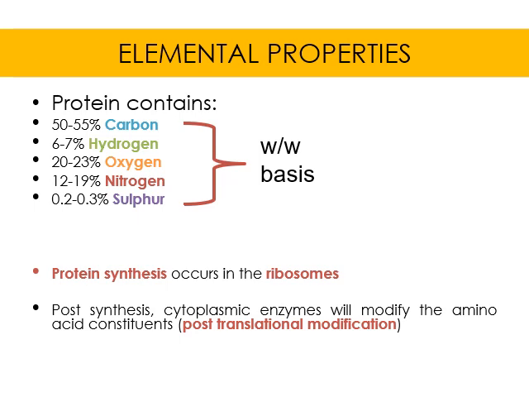Once translated, this chain of amino acids, which we call a polypeptide, will undergo further post-translational modification to become a mature protein.